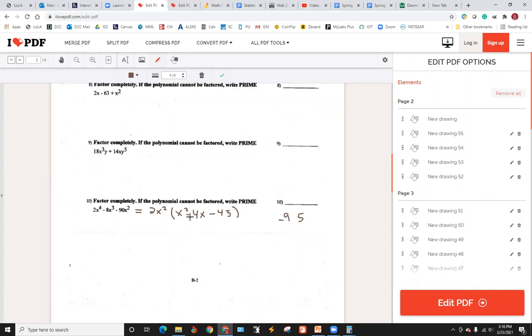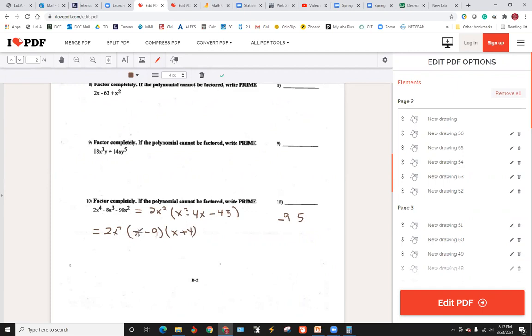The sign of this one determines the sign of the larger number. So x minus 9, x plus 4.